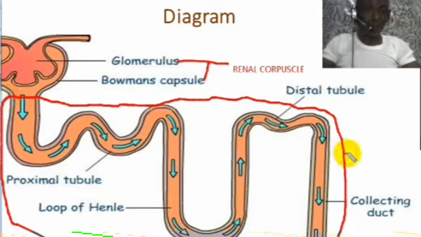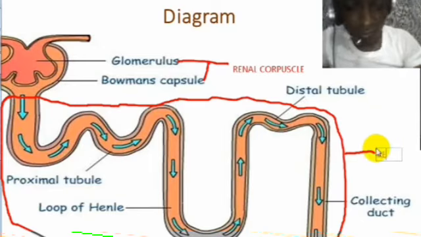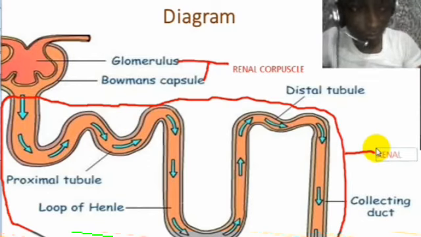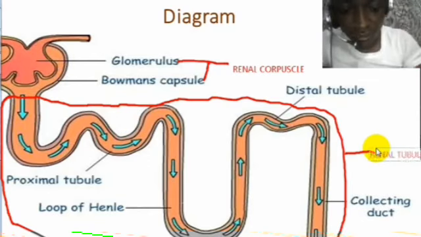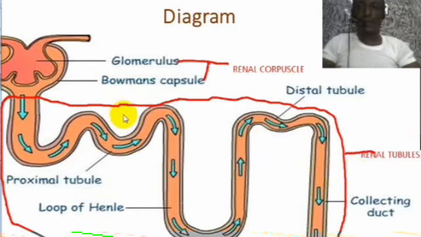So this part enclosed in a circle forms the renal tubule.